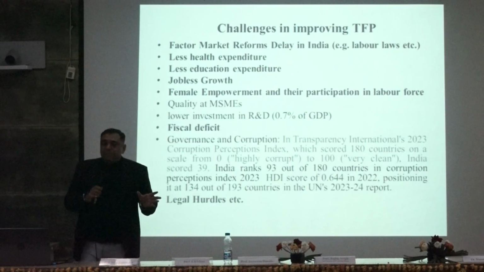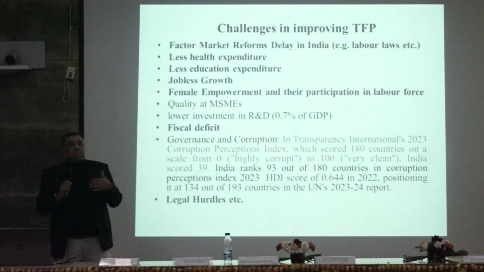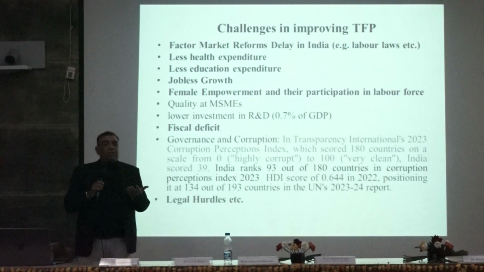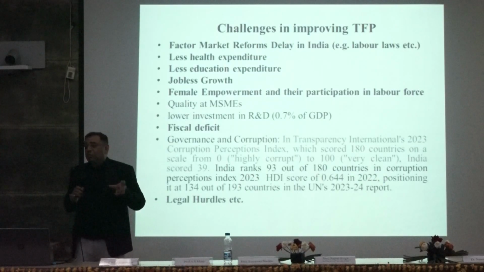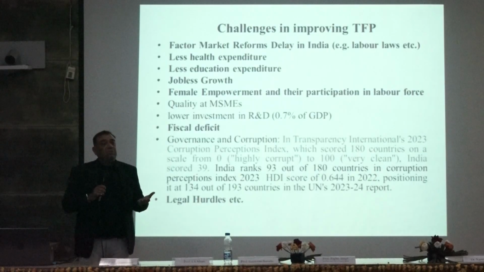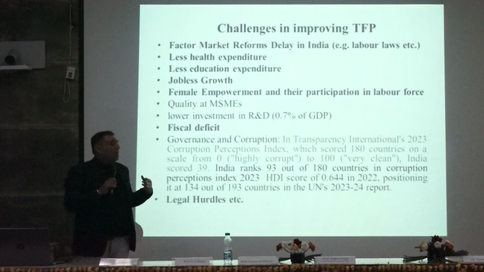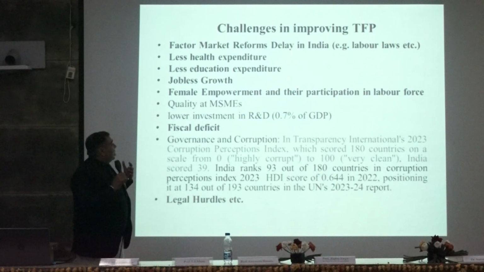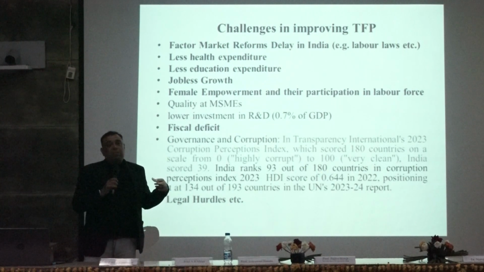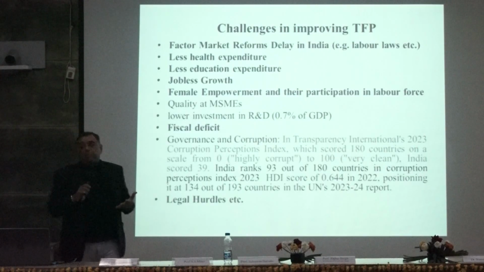So this discussion is about how we can increase the total factor productivity. It is not only labor, it is not only capital, but something more that is much required: technology, entrepreneurship, good governance, expenditure from the government. It is everything at the macro level.